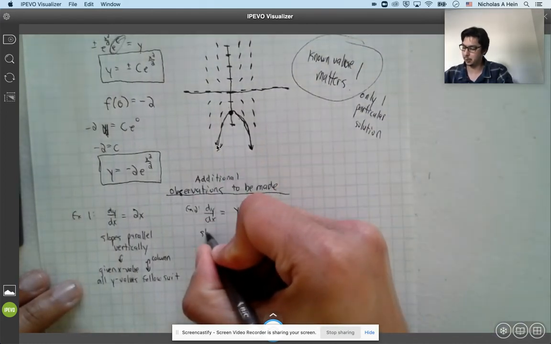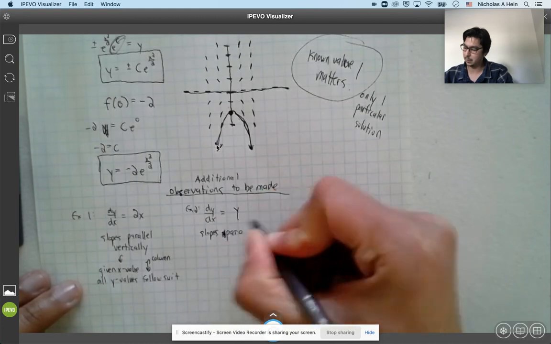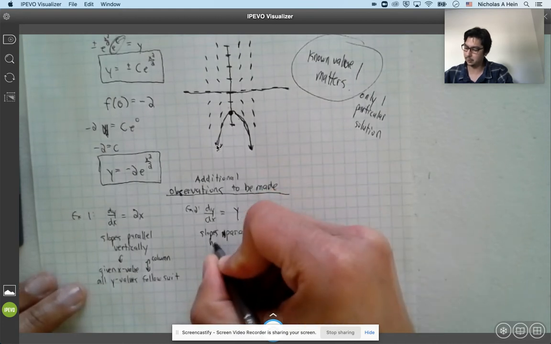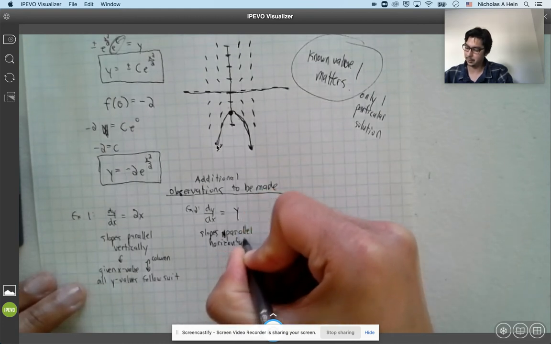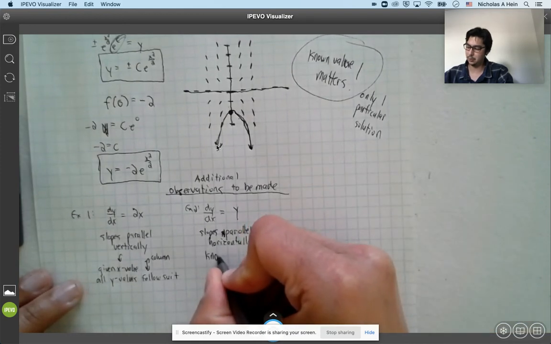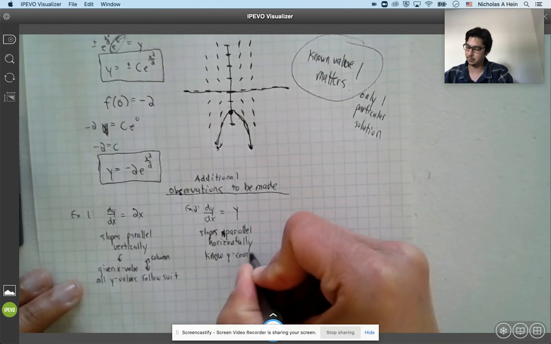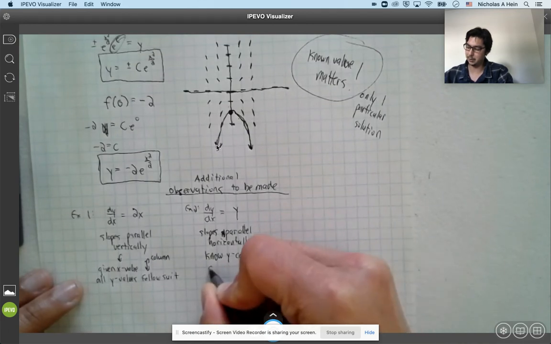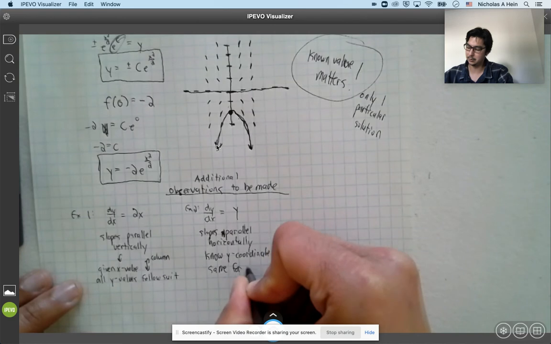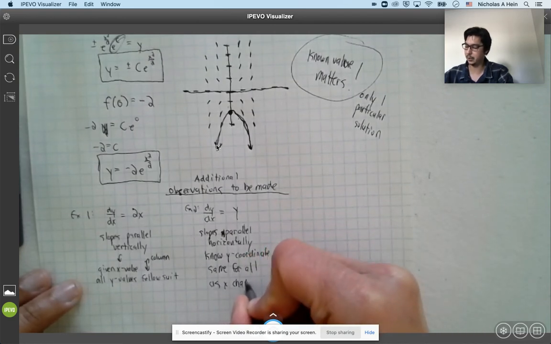So that means the slopes were parallel horizontally. Again, if you know the y coordinate, it's the same for all as x changes. Okay.